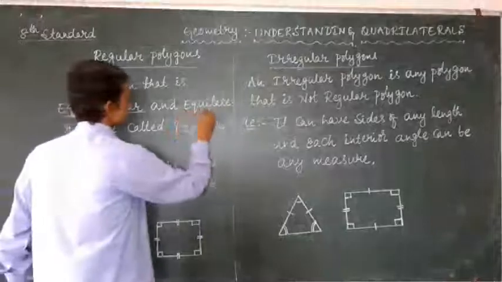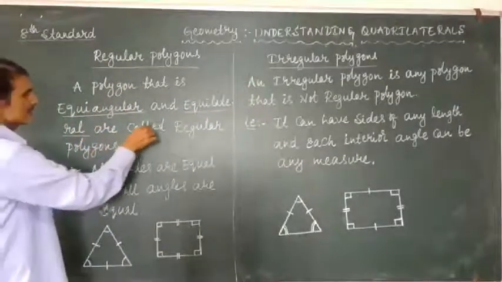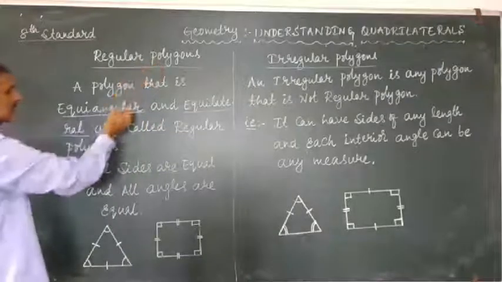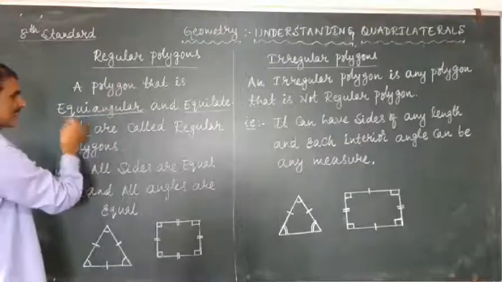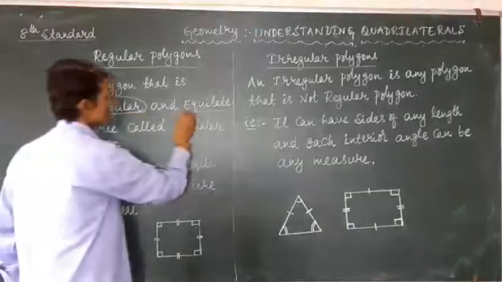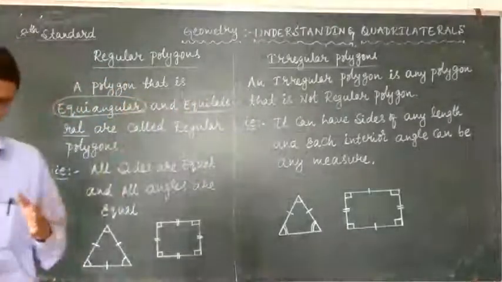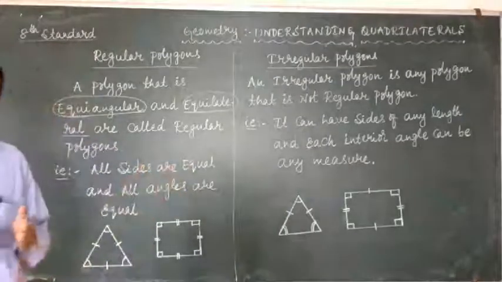And equilateral. So students, observe here. Regular polygon means a polygon that is equiangular and equilateral.